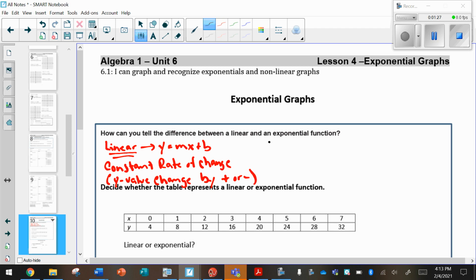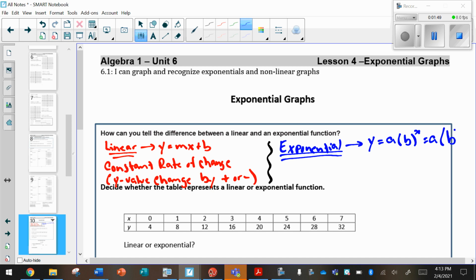An exponential graph is obviously different. An exponential graph is a graph that goes by the general format y equals a times b to the x. The exponent is sometimes written inside the parentheses. That's okay, it's the same either way.